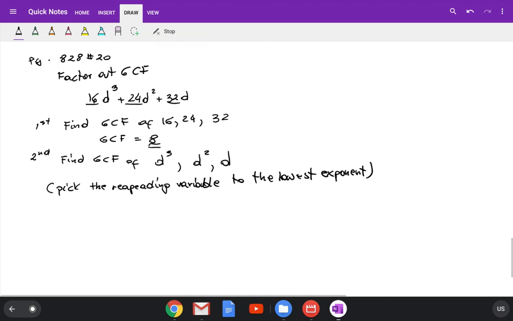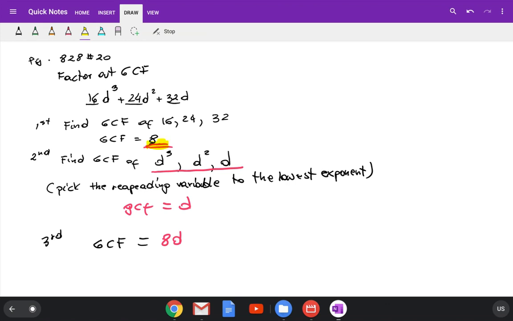So in our case, the GCF of d to the third power, d squared, and d will be d. Okay, so the greatest common factor, combining both, is 8d.